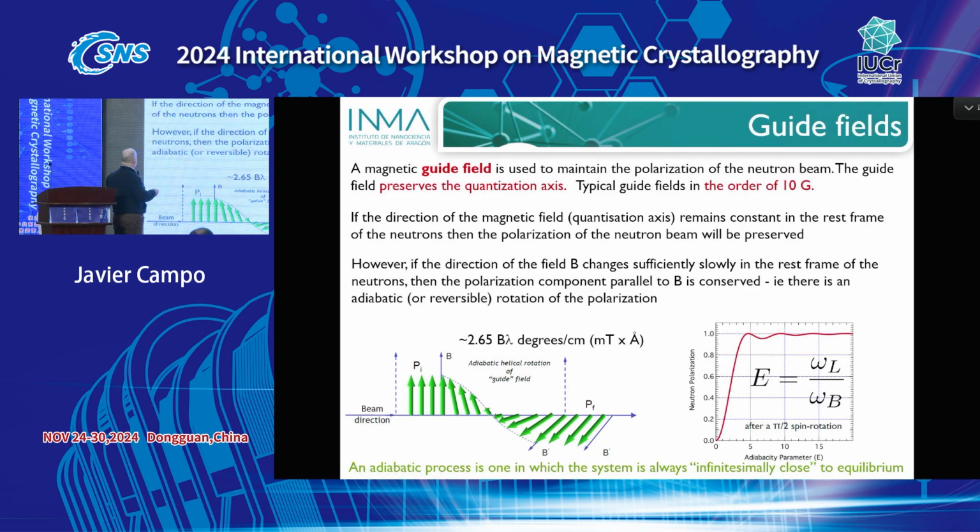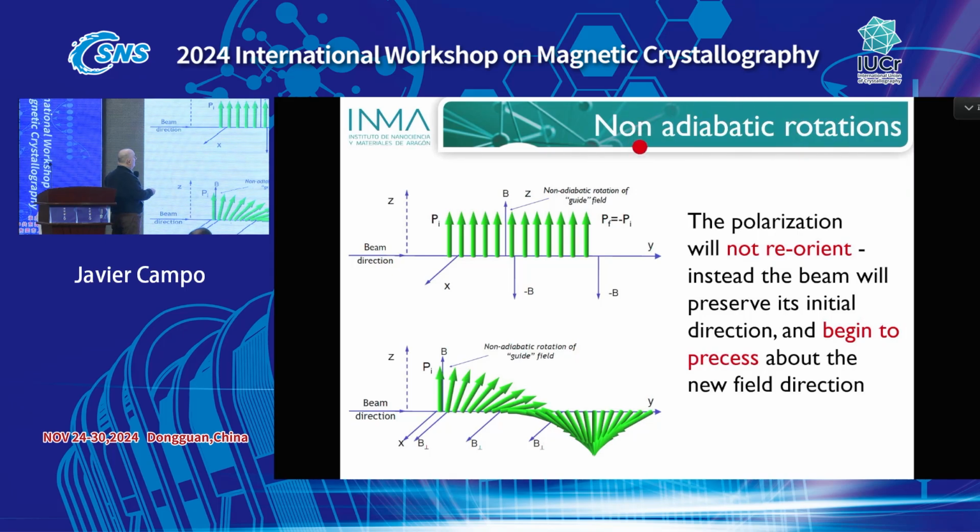But what happens if we have non-adiabatic rotations? That means if I change drastically the magnetic field from one direction to the other, then the polarization doesn't have time to go to the other direction, but starts to change the precession. Here, the polarization was doing a kind of precession along B pointing up. If I change the magnetic field rapidly to the other direction, the polarization will precess in the other sense, like this.